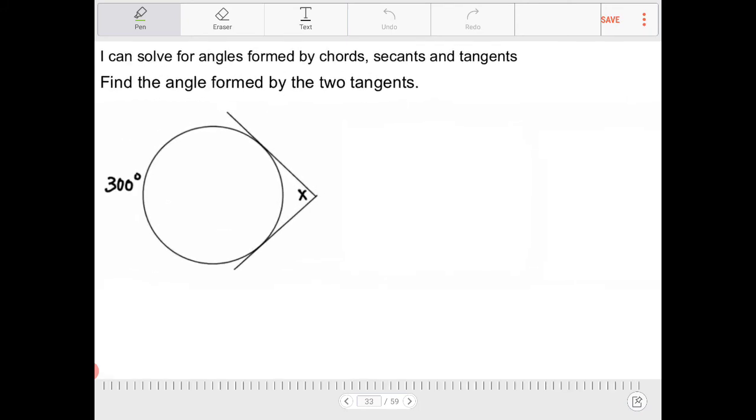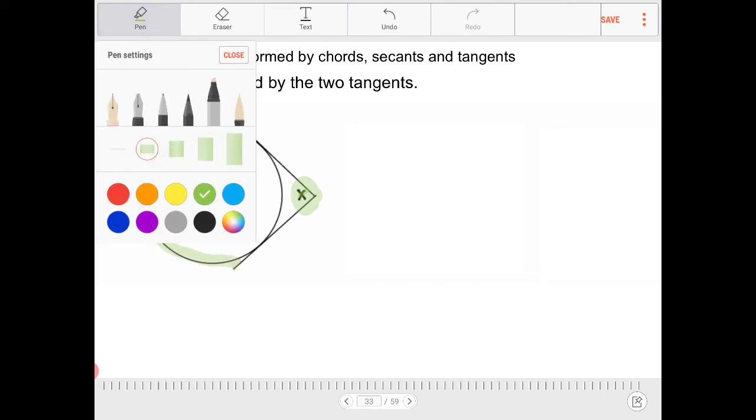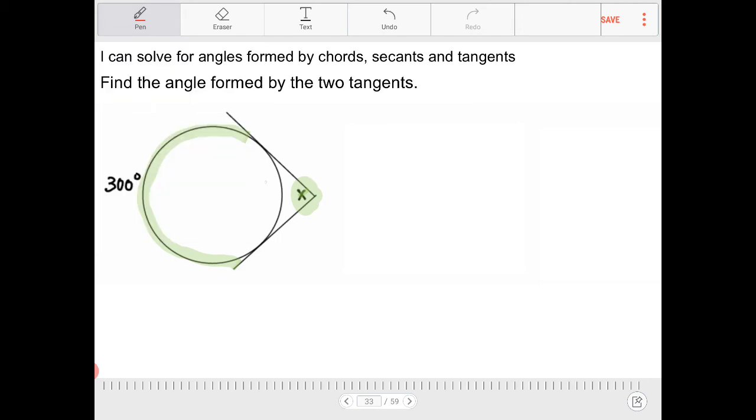All right. Here we need to find out what this angle on the outside is. Pause the video to see if you can figure this out. Okay, so if I want to figure out the angle on the outside, and I know the arc on the outside here is 300, the minor arc on the inside must be 60 degrees. So therefore, x must equal 300 minus 60 divided by 2.